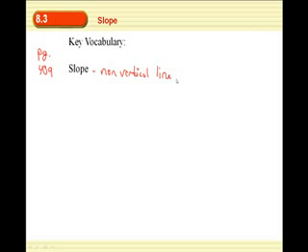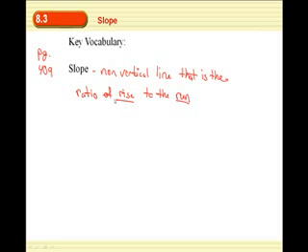So a non-vertical line that is the ratio of the rise to the run, and we'll talk about the rise and the run in a second, between any 2 points on the line.